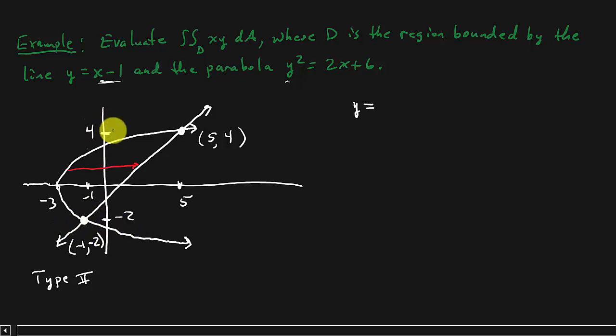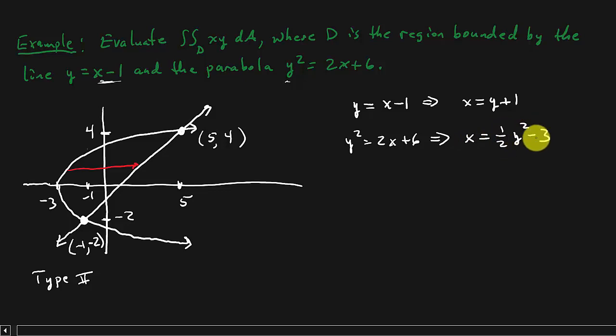That's my y values. And so I have y equals x minus 1, which tells me x is equal to y plus 1. And then I have y squared equals 2x plus 6, which gives me x is equal to 1/2 y squared minus 3 when I solve it.